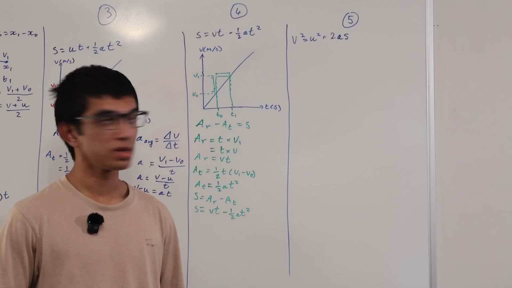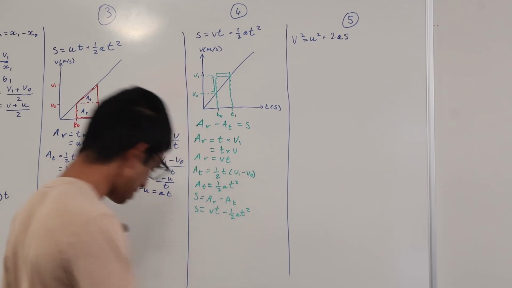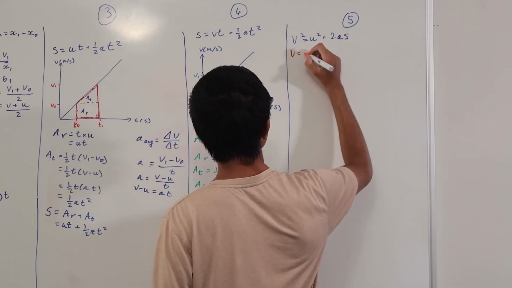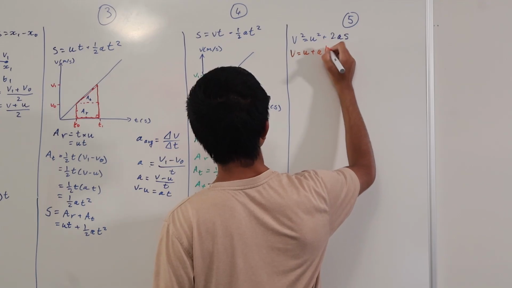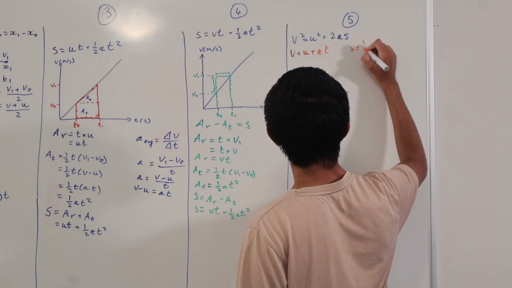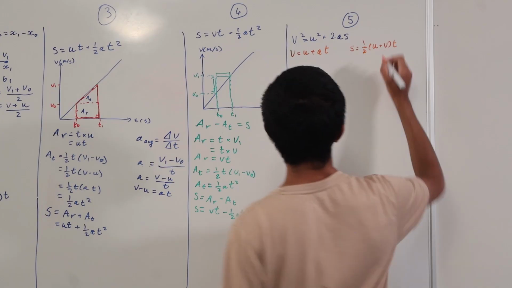What we want to do is eliminate the time variable. So let me write out the first two SUVAT equations again. v is equal to u plus at and s is equal to a half u plus v times t.